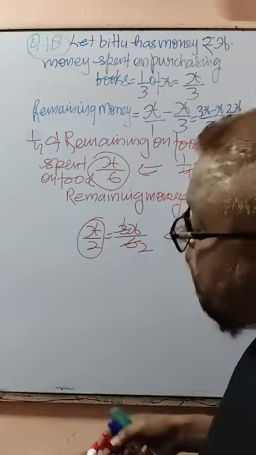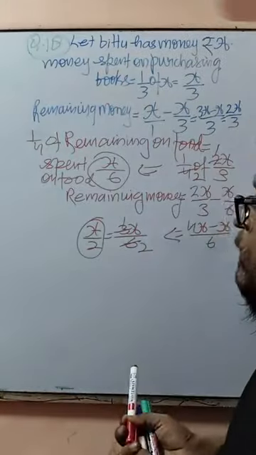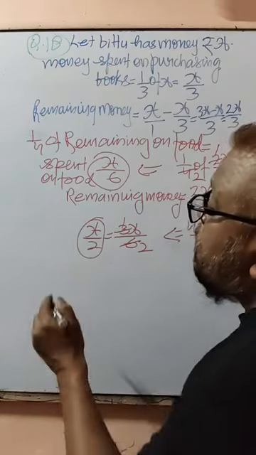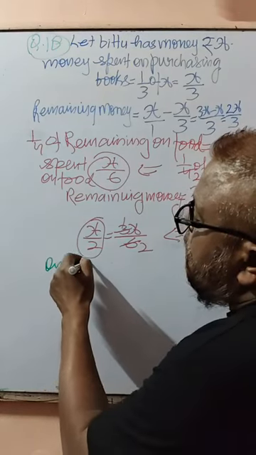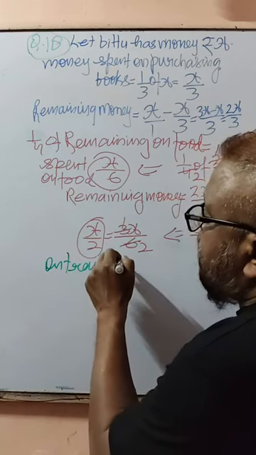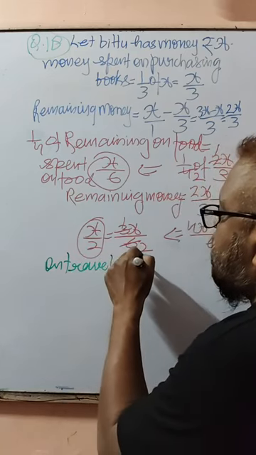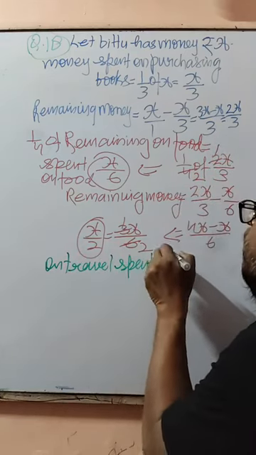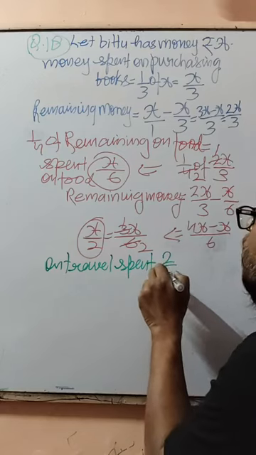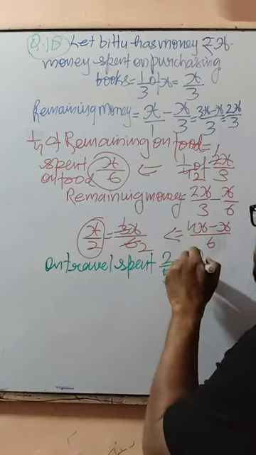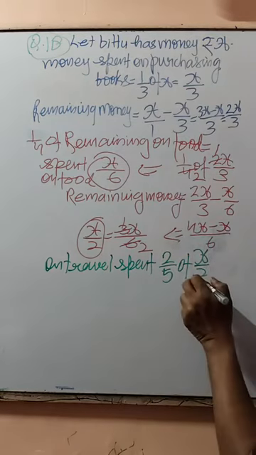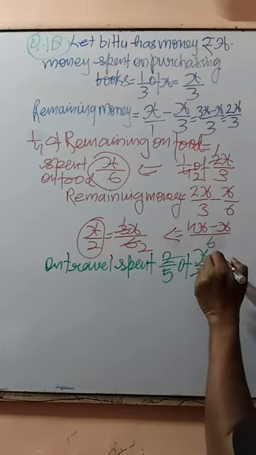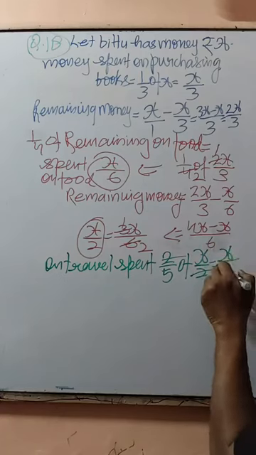Now what he is doing? 2 upon 5 of the remaining is spent on travel. 2 by 5 of x by 2, so the 2 and 2 are gone, so x upon 5.